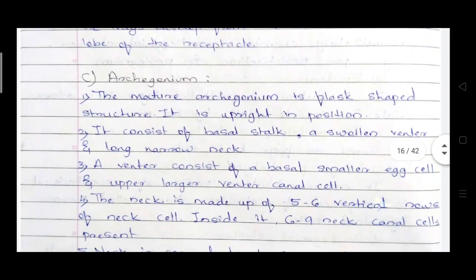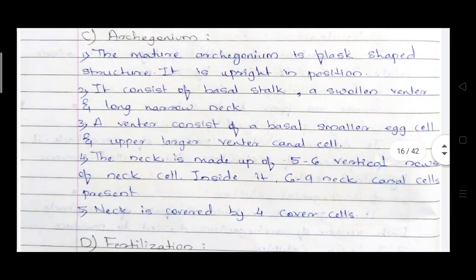The main important part in the archegonial chamber is the archegonium. The mature archegonium is a flask-shaped structure and it is upright in position. It consists of a basal stalk, venter, and a long narrow neck, as you see in this figure.